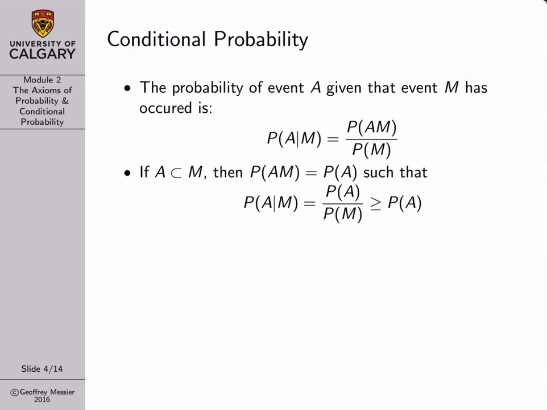This information is sometimes called side information, particularly in the estimation and communication fields. And so we'll go through some basic examples of conditional probability, and I'll hopefully illustrate what I mean by this. So we can start off with just the basic definition for conditional probability. The probability of event A, given that event M has occurred, is written like this.